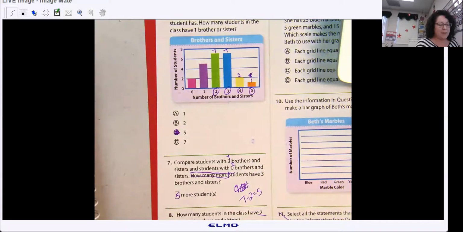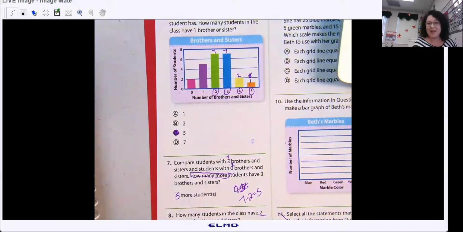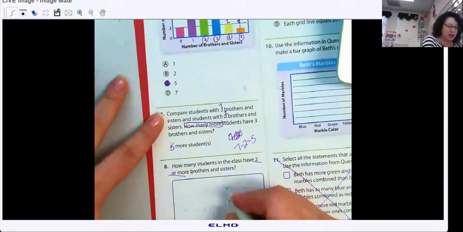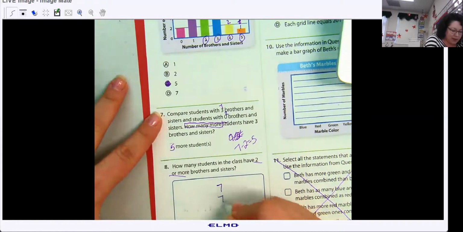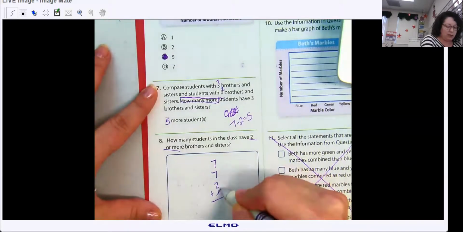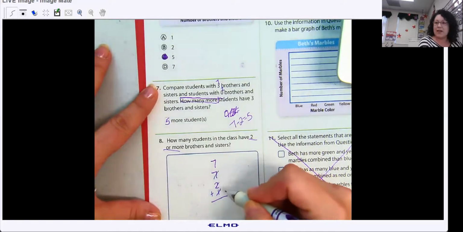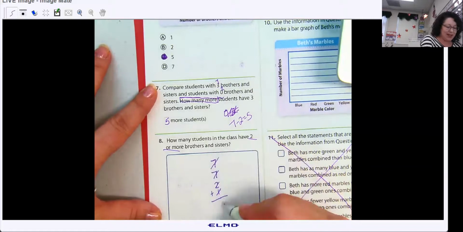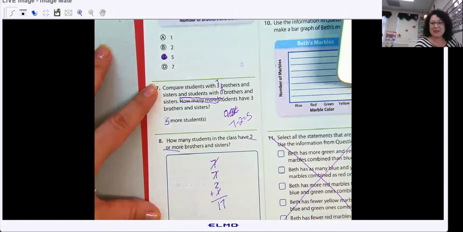So how many is that? I would add them all up, right? Because it's asking for 2 or more, not just 2. So 7, 7, 2 plus 1. 1 plus 2 is 3. 3 plus 7 is 10. 10 plus 7 is 17.